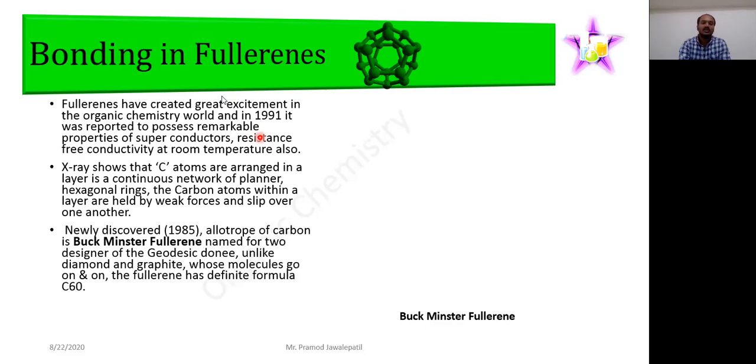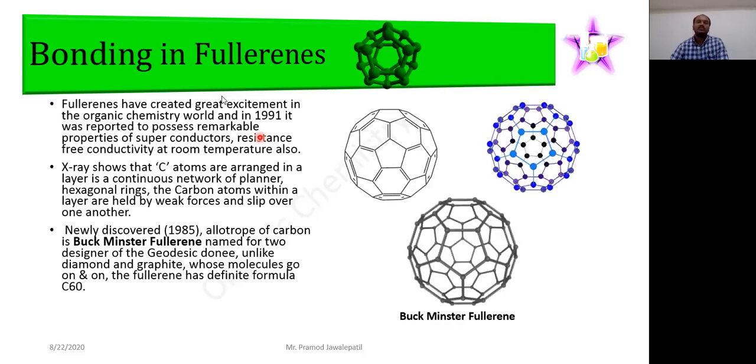See in this diagram, all these are schematic diagrams of Buckminsterfullerene or carbon C60. The bonding in fullerene has extended conjugation. These are newly discovered allotropes of carbon, from 1985.